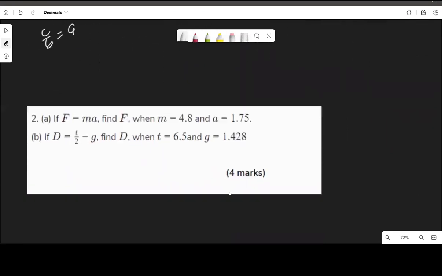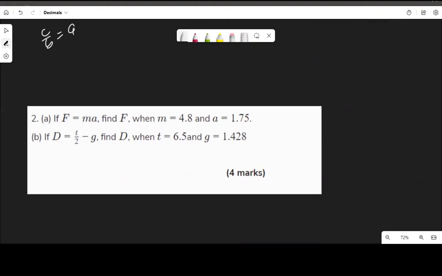The question 2 says, if F is equal to ma, find F when m is equal to 4.8 and a equal to 1.75. And then the b part of that question says D equal to T over 2 minus G. Find D when T is equal to 6.5 and G equal to 1.428.